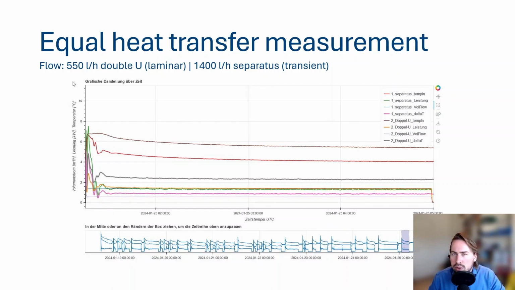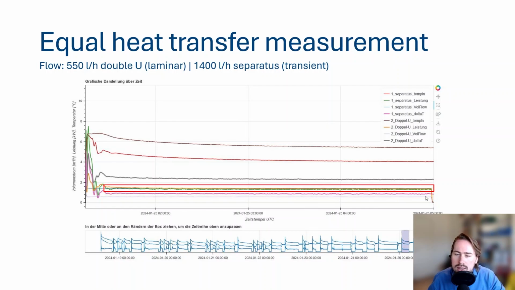This is when we have a flow rate through the GHEtool of 550 liters per hour, which is the laminar range, which is typical for a GHEtool, and 1400 liters per hour for Separatus, which is in the transient range. So we have a higher Reynolds number and a better heat transfer there. And as you can see, then the powers are more or less the same.